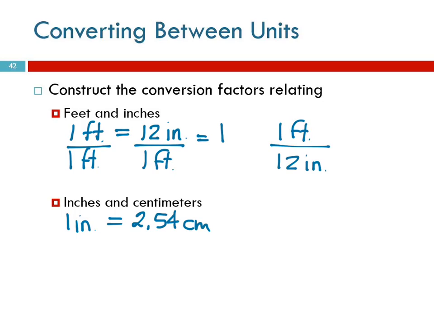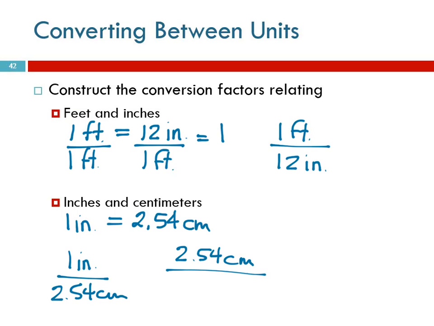We're going to go for big concepts. So, from this equality, I can make 2 conversion factors. I can put inch on one side and 2.54 centimeters on the other side of the line, or I can do the inverse, the upside down of that.